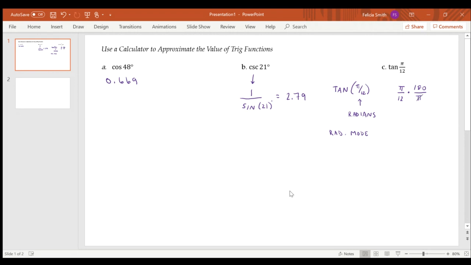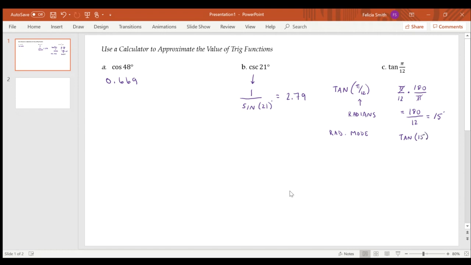The pi's are going to cancel, and this is going to be the same thing as 180 divided by 12. If we calculate this out, that should give us 15. So our other option is to enter this as tangent of 15 degrees.